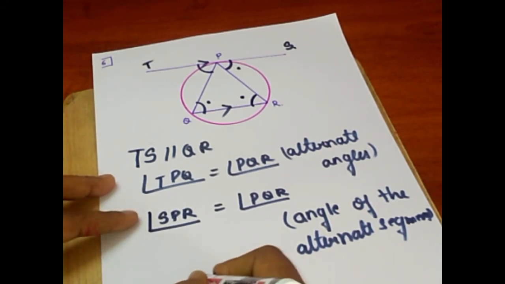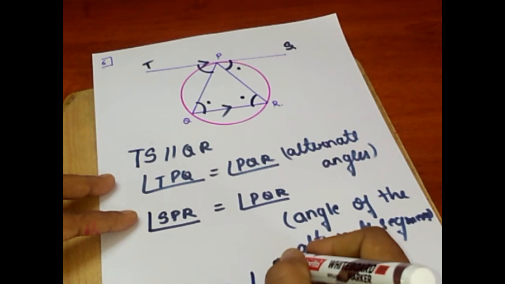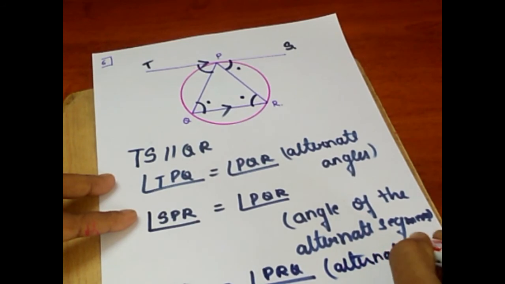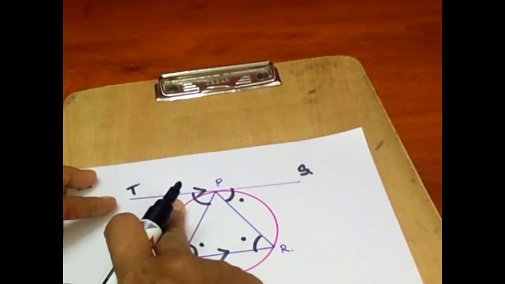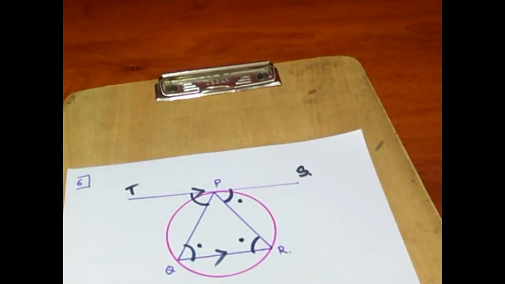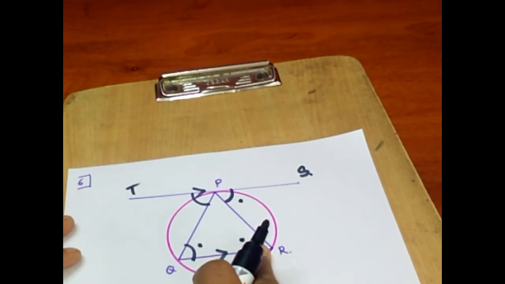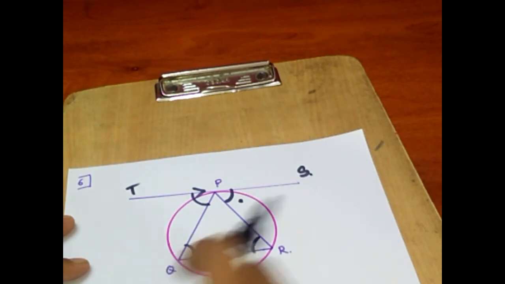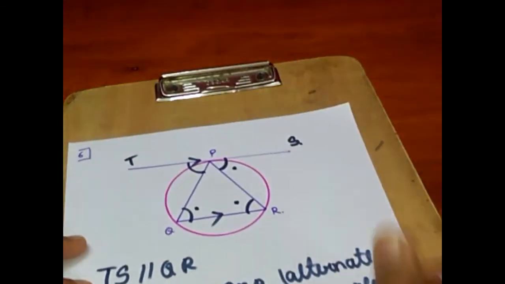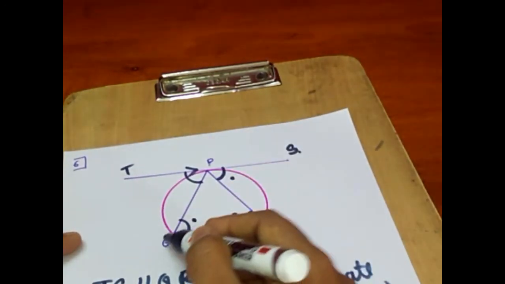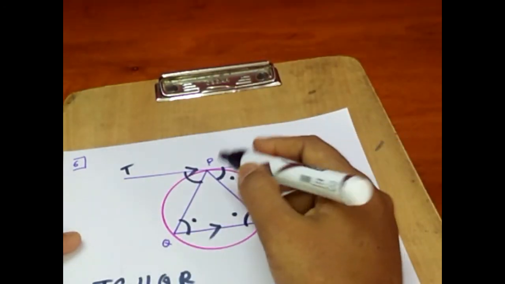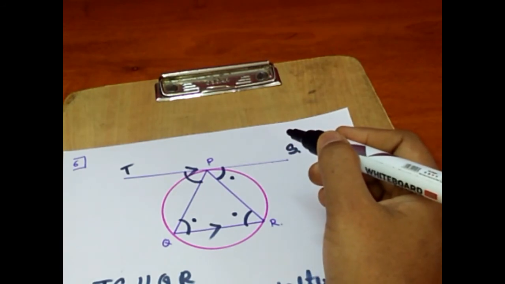Angle SPR is equal to angle PRQ, that is alternate angle. So here if you consider this alternate angle, children, you have to consider this as the angle in the alternate segment, or if you consider this angle, you need to consider this angle as the angle of the alternate segment. So by this we can find that these two angles, that is angle PQR and angle PRQ, the base angles are equal. Hence the triangle PQR is an isosceles triangle.